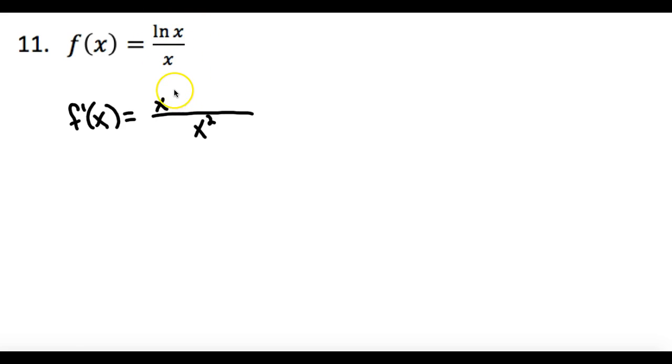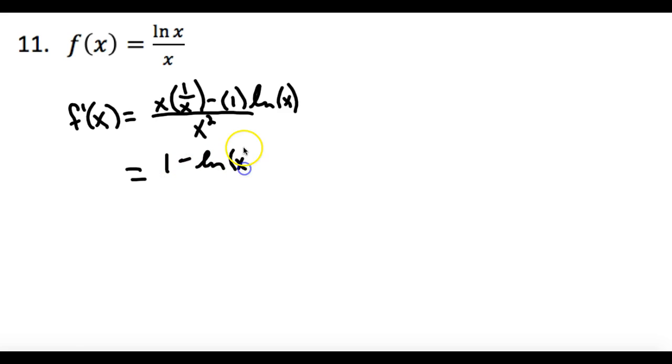So the derivative of natural log of x is 1 over x minus the derivative of the denominator, which would just be 1 times the numerator. So times natural log of x. Okay, and this one is pretty easy to clean up. Right? This one, x times 1 over x is just 1. So I just get 1 minus the natural log of x over x squared, if I clean that one up.